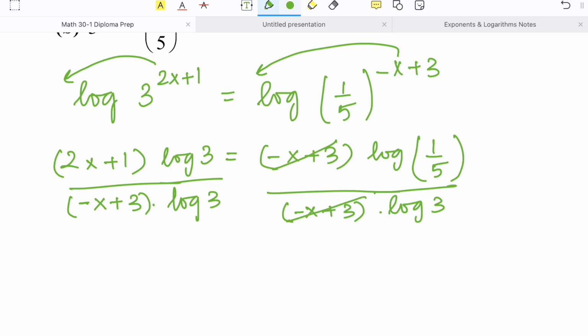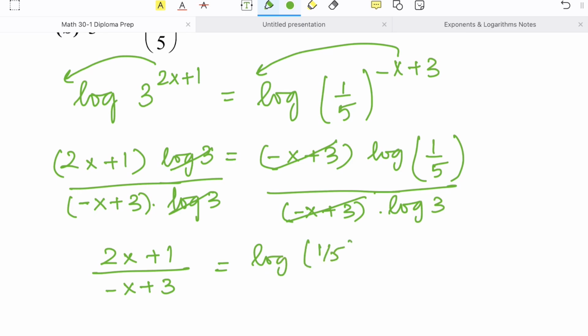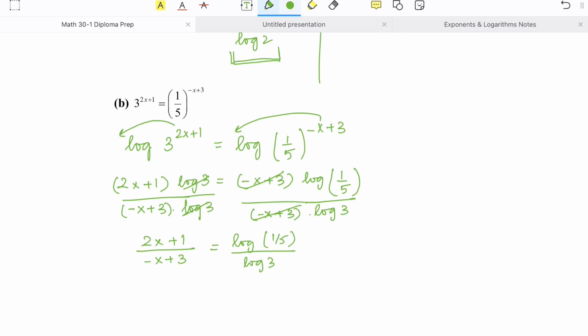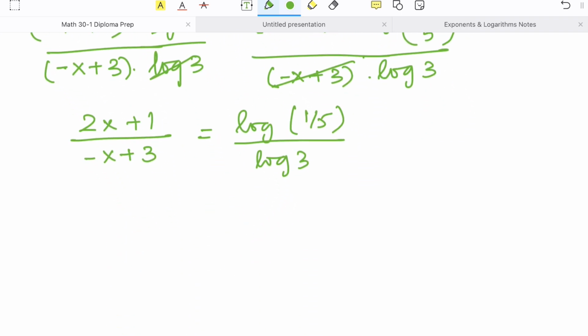So when we cancel that, we get 2x plus 1 divided by negative x plus 3 is equal to log 1 over 5 over log 3. Okay, so now we solve for what log 1 over 5 divided by log 3 is.